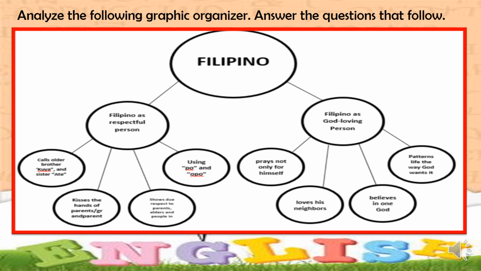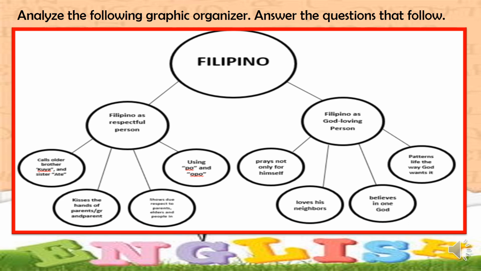For Filipino as respectful person: calls older brother kuya and sister ate, kisses the hands of parents or grandparents, and shows due respect to parents, elders, and people by using po and opo. While Filipino as God-loving person: prays not only for himself, loves his neighbors, believes in one God, and patterns life the way God wants it.